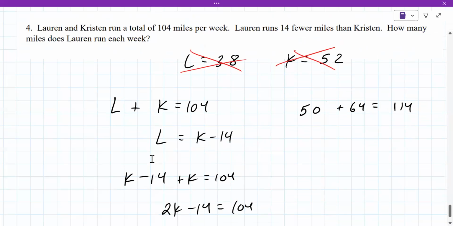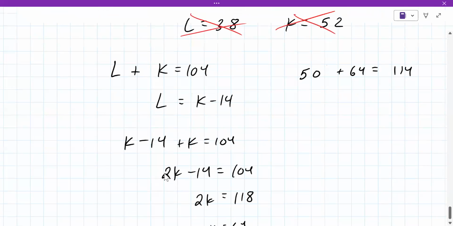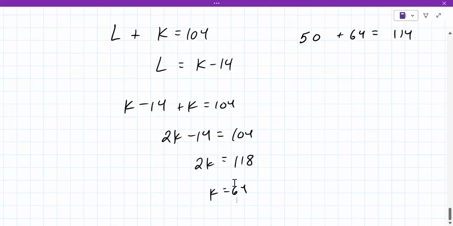I made a mistake here. Sorry, this is not right. It's 59, and then Lauren is 45, 59 minus 14.